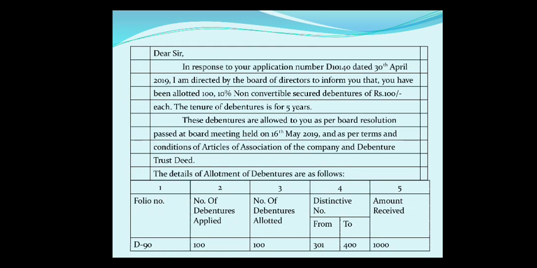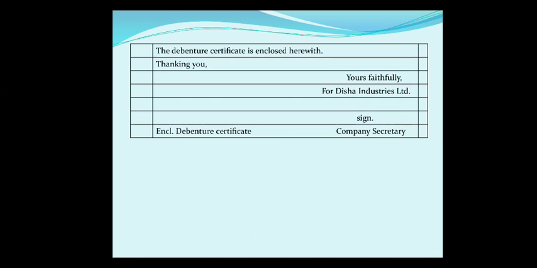If there is any enclosure, then write its name, for example, cheque, share certificate, etc. No marks will be given if only the layout is given. Understood? No marks will be given if only the layout is given.